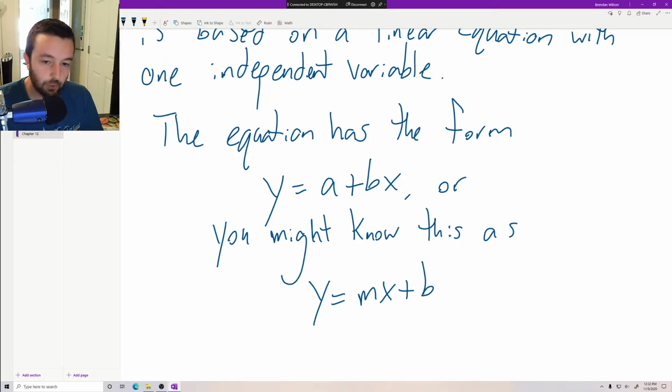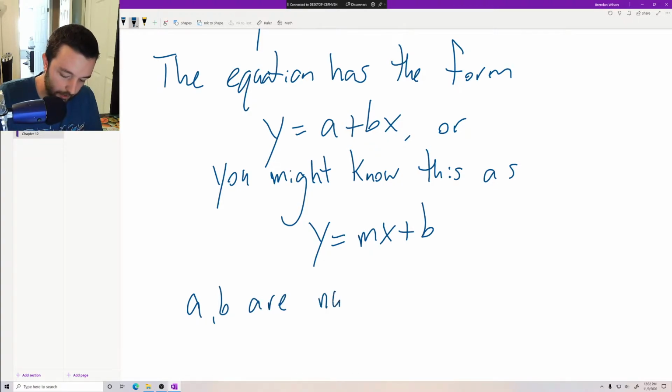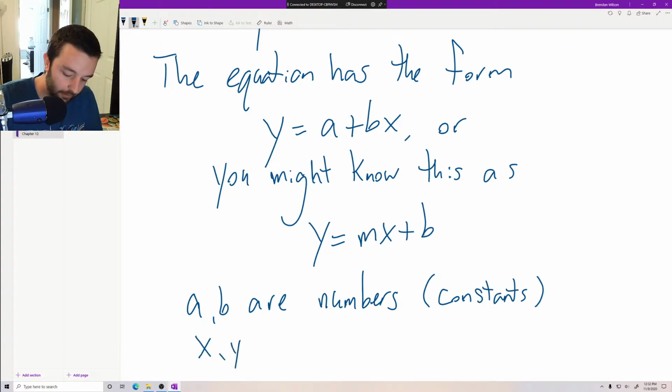Okay. So if it has this form, then it is a linear equation. If it doesn't, then it's not a linear equation. Where a and b are going to be known numbers. Okay. So a, b are just numbers, which we would typically call constants. And then x and y are variables.